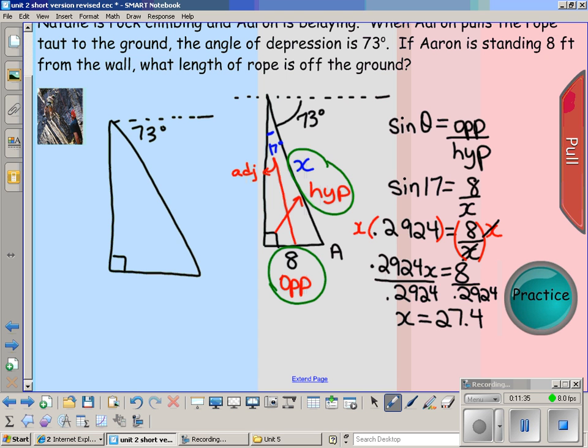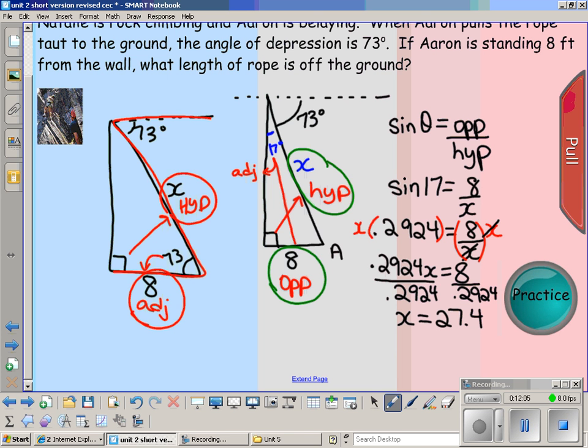We said that the angle of depression will be equal to the angle of elevation if you join the two horizontals. So we could have said that this one here is 73, this is still 8, and this is what we are looking for. But now when we label this, we have our hypotenuse, and this side is our adjacent.